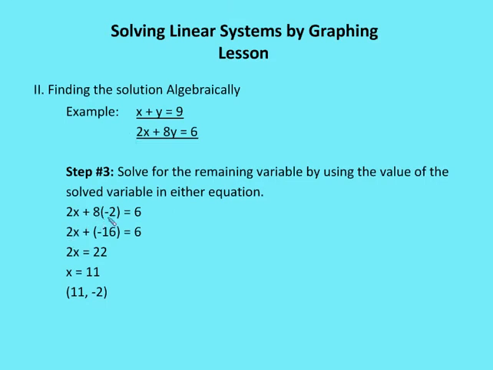So I have 2x plus 8 times negative 2, because we figured out that y is equal to negative 2 as part of this system of equations. So 2x minus 16 is equal to 6. Now we add 16 to both sides, 2x is equal to 22, and then x is equal to 11. So we found in this case that the ordered pair is going to be 11, negative 2.